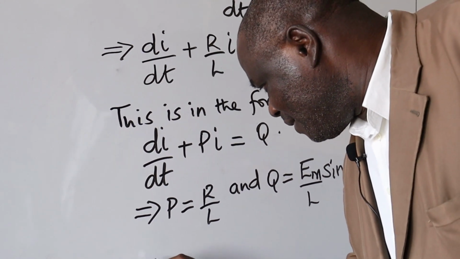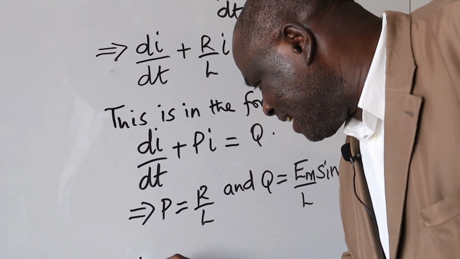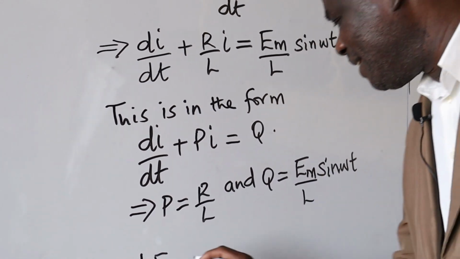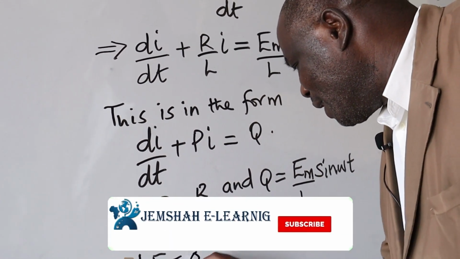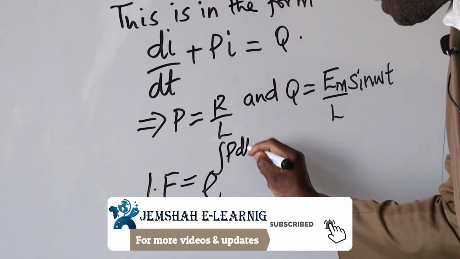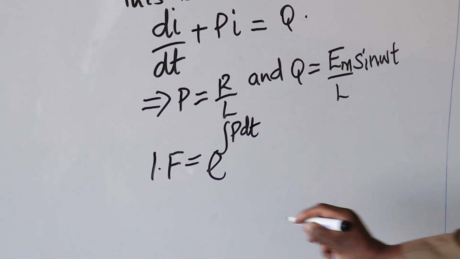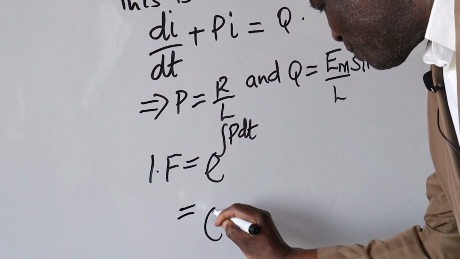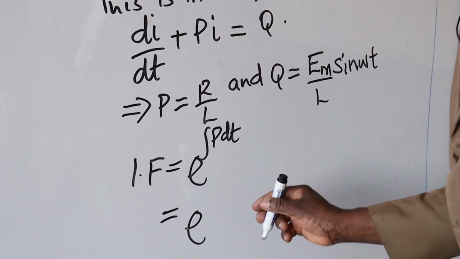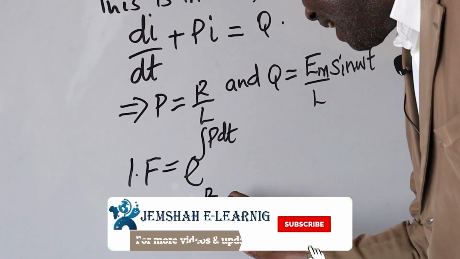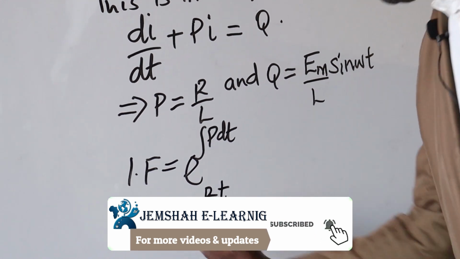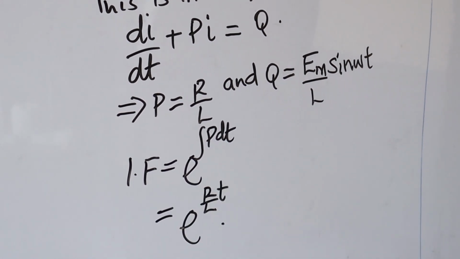Now, the integrating factor will be equal to e to the power of the integral of P dt, which is equal to exponential of the integral of R over L with respect to t, which is (R/L)t. So our integrating factor is that.